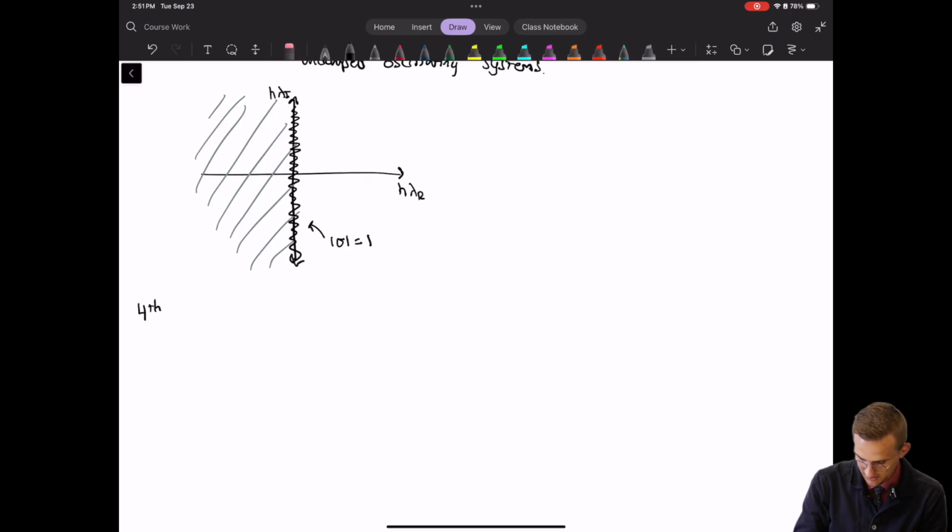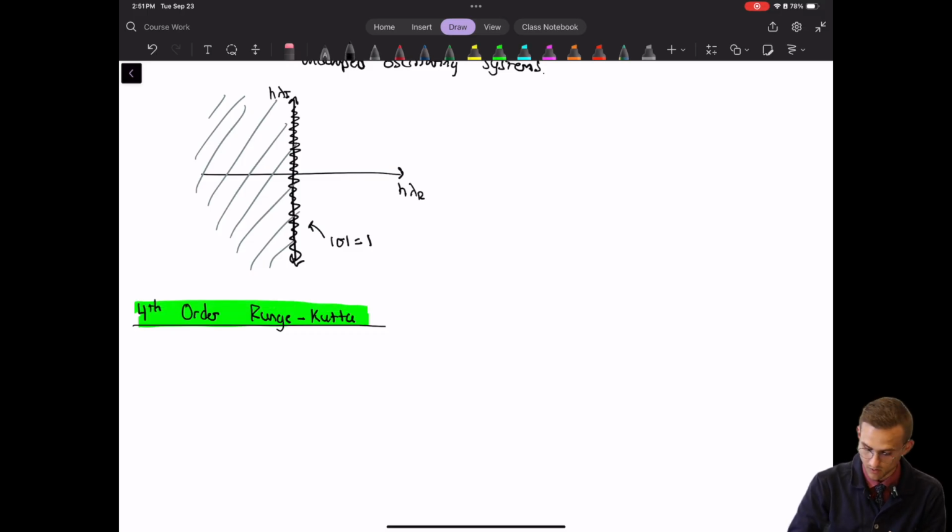Okay, one more topic here, and we actually touched on Runge Kutta in the numerical lecture. And we're going to cover a higher order version of it, which is the most popular time advancement scheme. And if you ever use an automated tool for solving a differential equation that takes default arguments, the odds are it's going to deploy a fourth order Runge Kutta, or what is often referred to as RK4. Okay, this is a very, very popular method, and it's explicit as well.